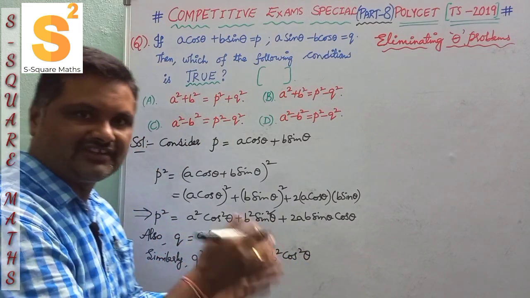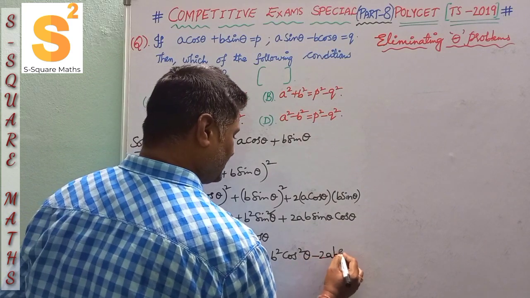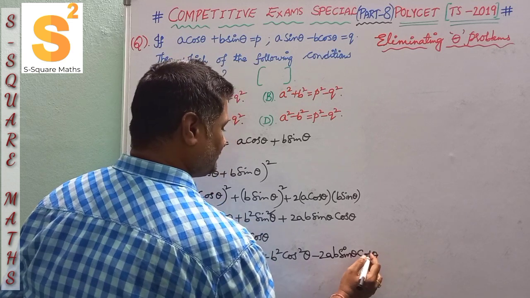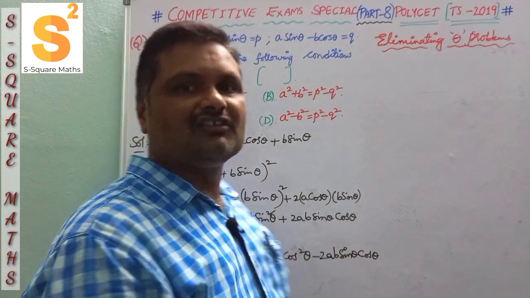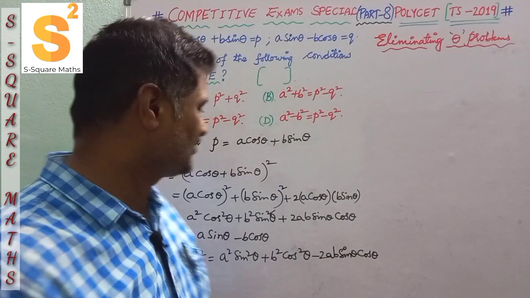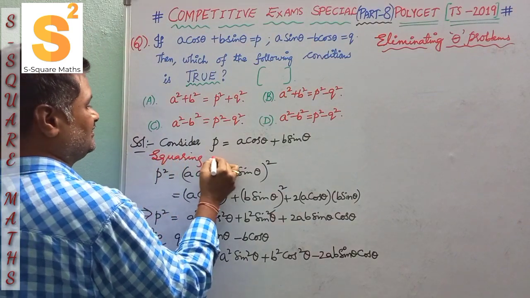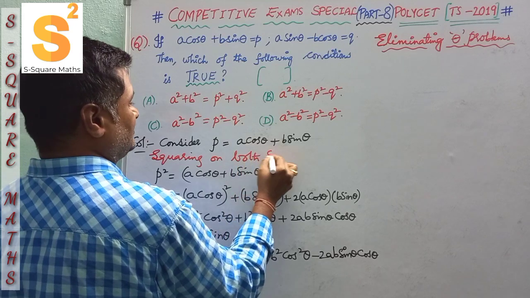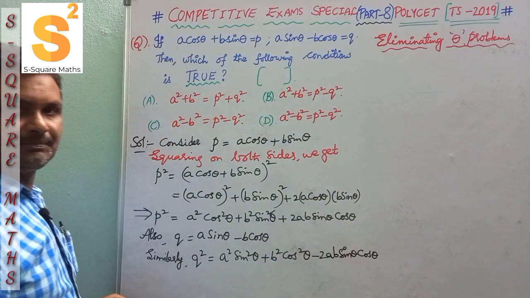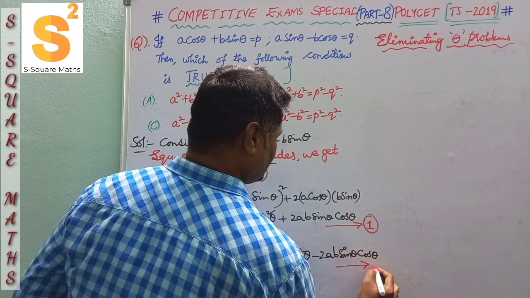Like A minus B whole square, A square plus B square minus 2AB, so minus 2AB sin theta into cos theta. Okay, so half of the major part has been completed. Let us mark the equation numbers for our convenience. So this is our equation 1 and this is our equation 2.